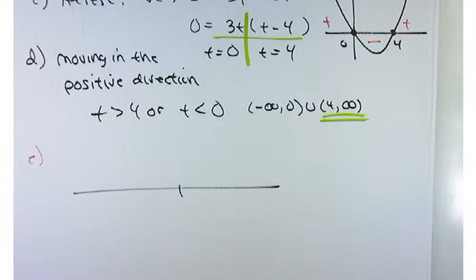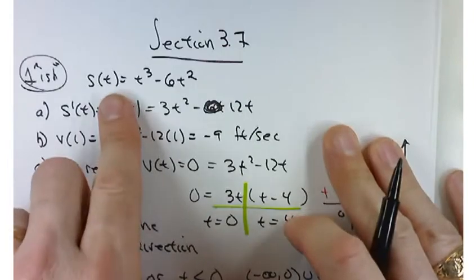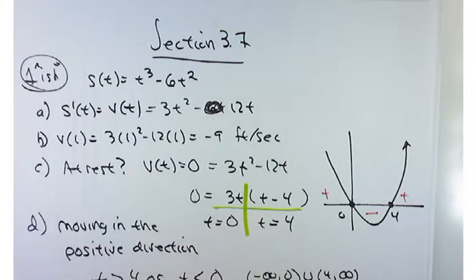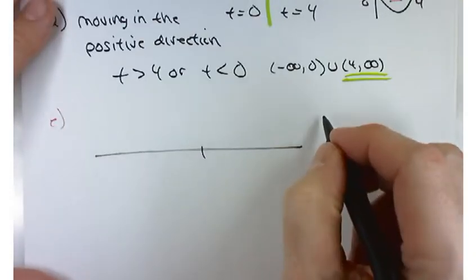We actually don't need calculus for this one. You just want to go back to your position function, right? This tells you where the particle's at. So if you plug in t equals 4, you can find out where the particle is at time 4. And what should have happened is that it should have moved to the left. Let's see that that's true.